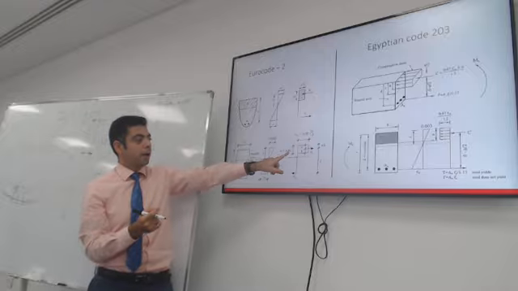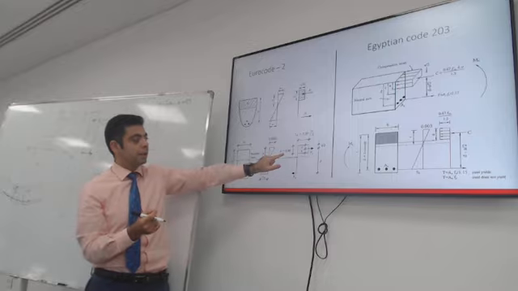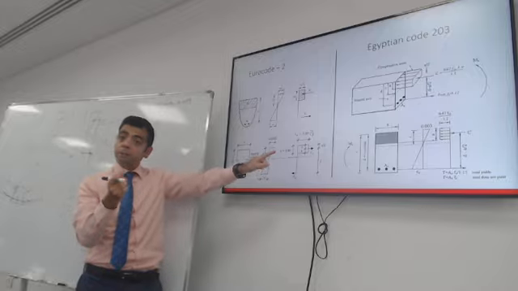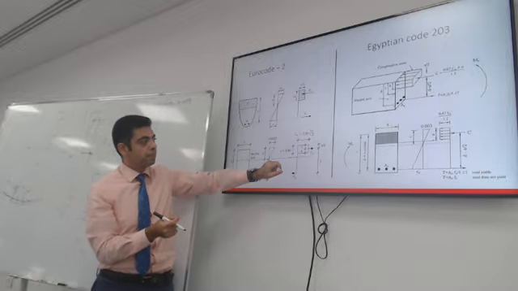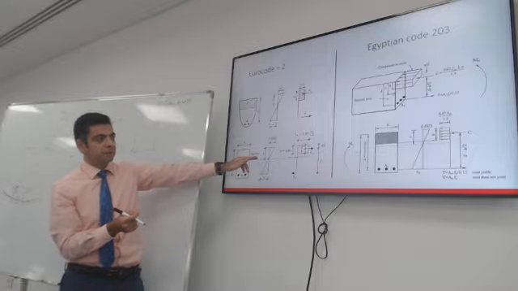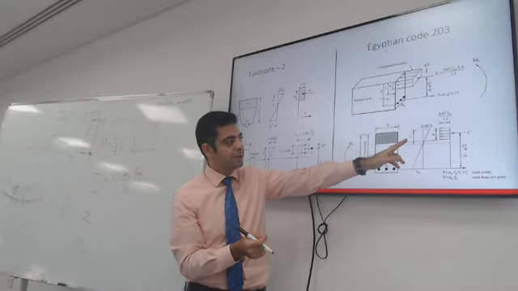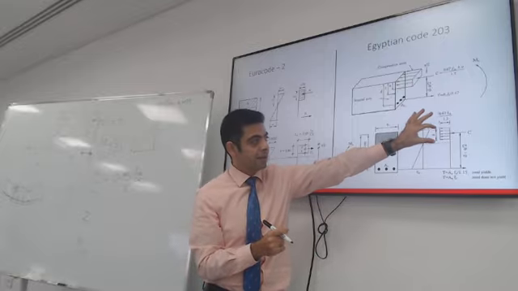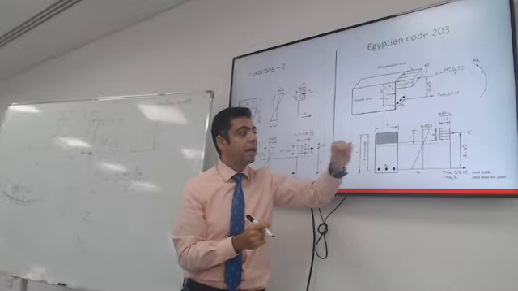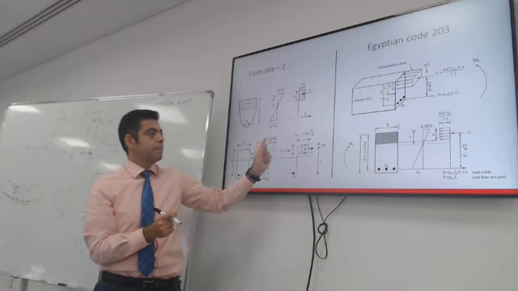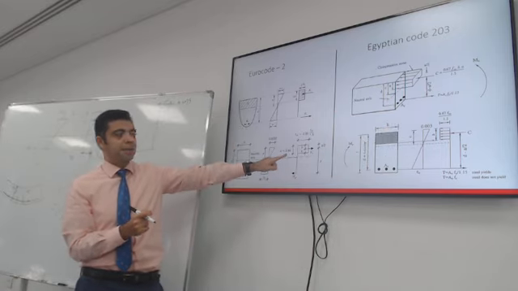So the depth of the block is 0.8x, which is a code factor. The code pretty much says the depth of the block is 0.8 times the distance x. The Egyptian code will call the same distance C, and A is the depth of the block. It's also 0.8, the same distance. So both codes agree in that assumption.